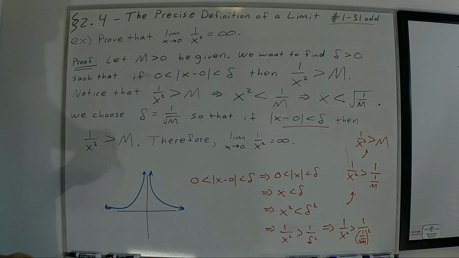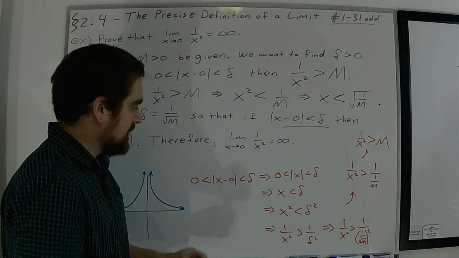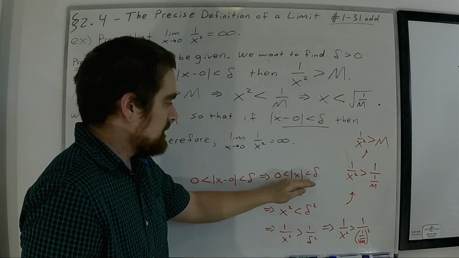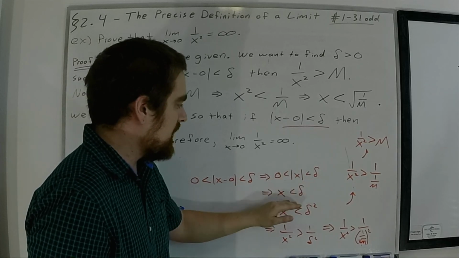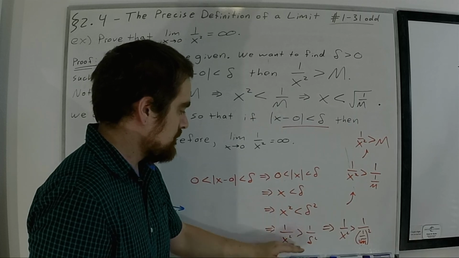Right, and I kind of left that out of the proof because it does look a little messy with all the deltas and the Ms flying around. But if this is satisfied, I get just the absolute value of x here. I can drop that because I know it needs to be positive, so I'm looking at positive x. I can square that, reciprocate that.